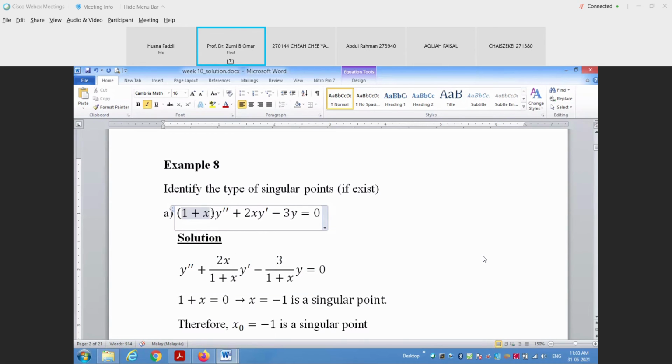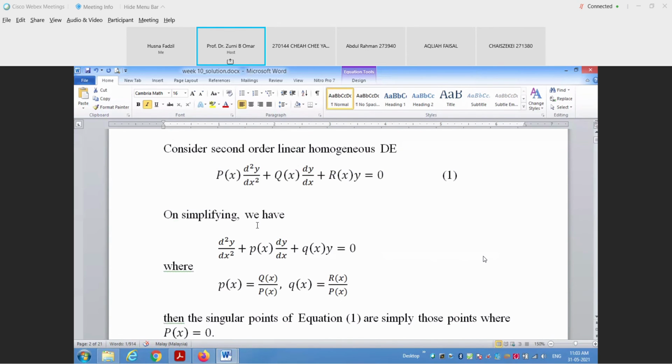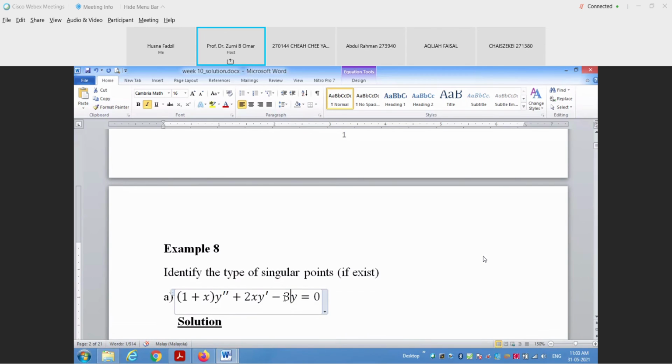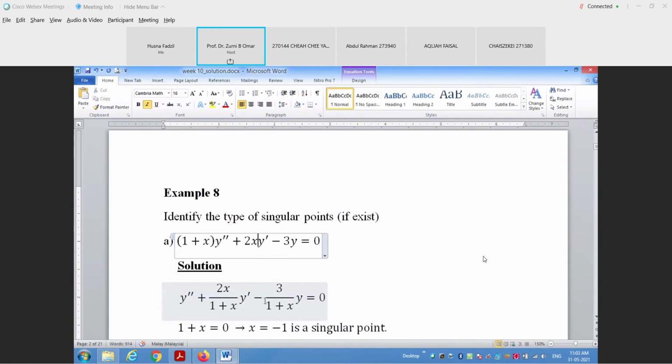So this is your capital P, this is capital Q, and this will be your capital R, but that is not important.